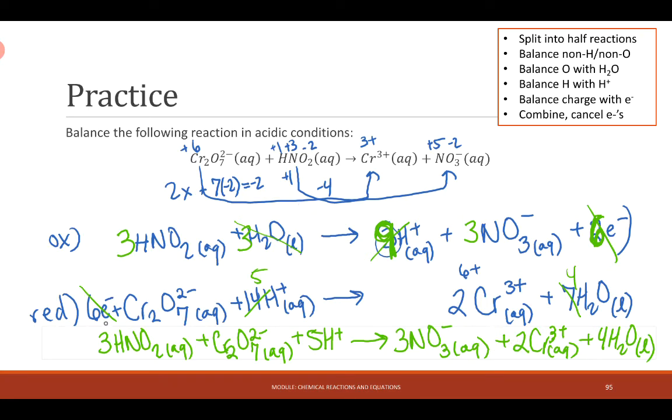2 chromiums, 2 chromiums, 3 hydrogens here, plus 5, that's 8 total. And so I got 8 total. 3 nitrogens, 6 oxygens plus 7. 6 plus 7 is 13. And so I got 9 plus 4, which is 13. So I am balanced, and I can see that my charges add up to positive 3 on this side.